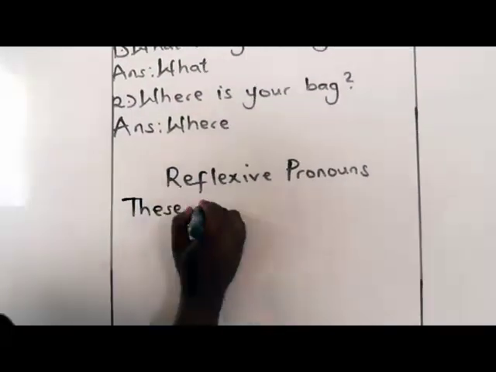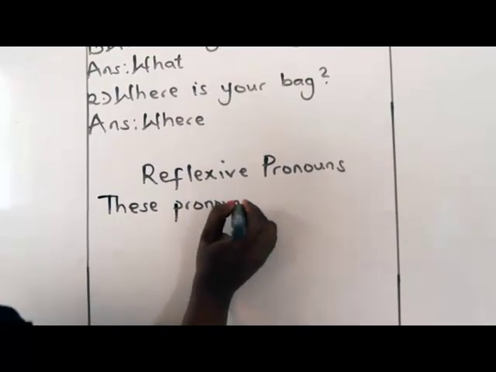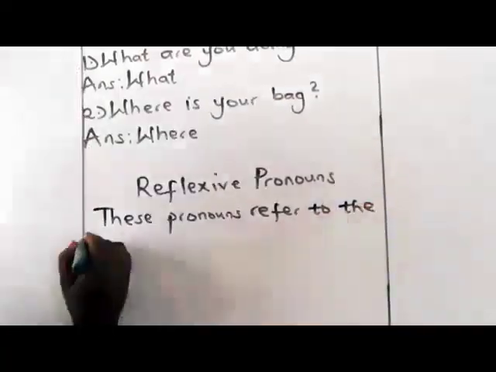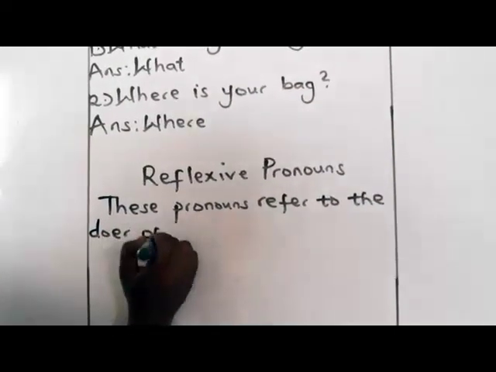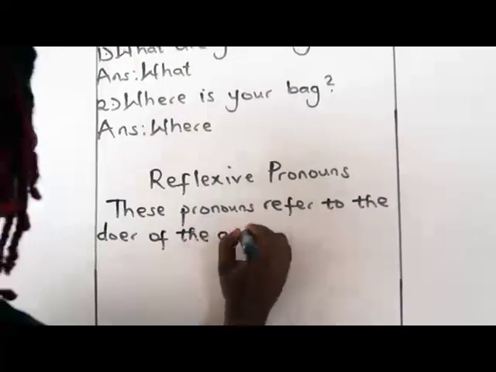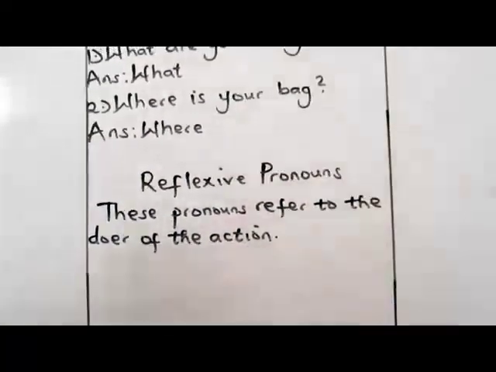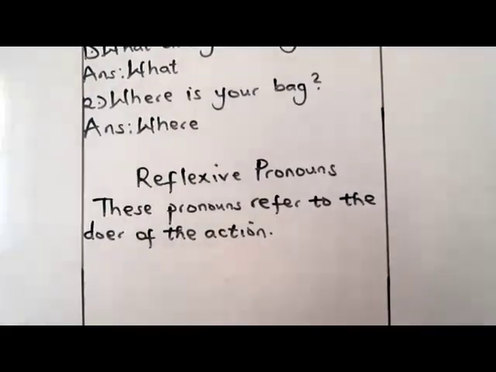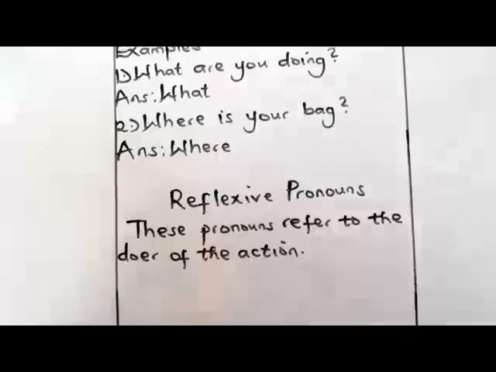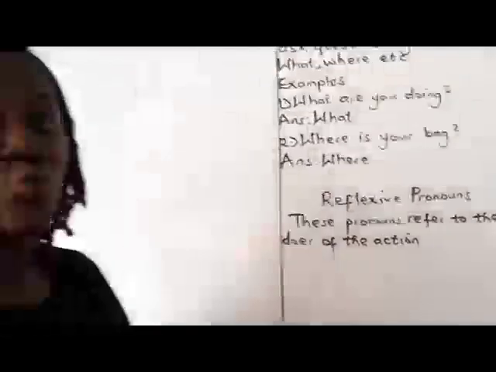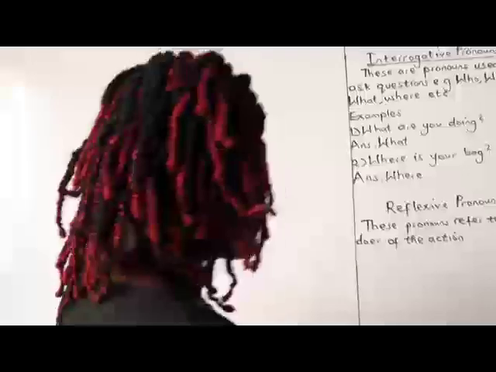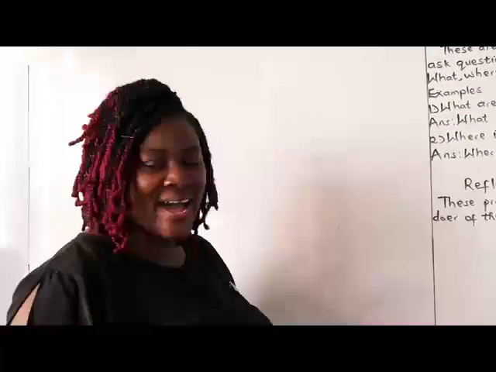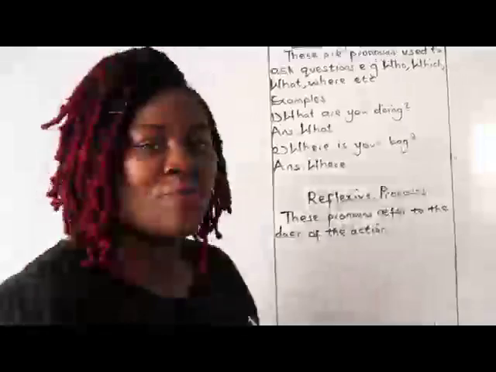These pronouns refer to the doer of the action. Remember there was a time I taught you subjects and predicates, and I said the subject refers to the doer of the action. Today we are looking at reflexive pronouns. A reflexive pronoun is coming back to the doer of the action.